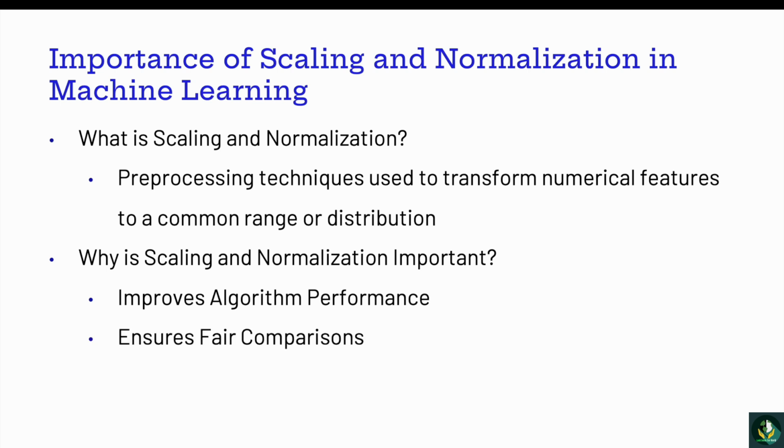It ensures fair comparisons. Standardizing feature scales allows the model to treat all features equally, leading to more balanced and fair learning. And it stabilizes training. Algorithms like gradient descent converge faster with scaled features because the cost surface becomes more symmetric.